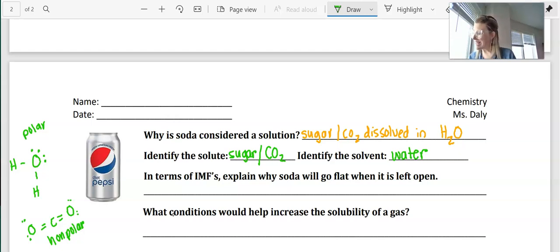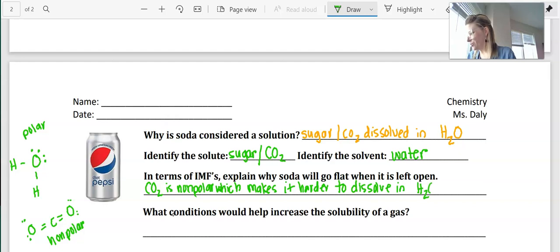So the gas, the CO2, really doesn't want to stay dissolved in water, right? So the CO2 is nonpolar, which makes it harder to dissolve in water, which is polar, okay?